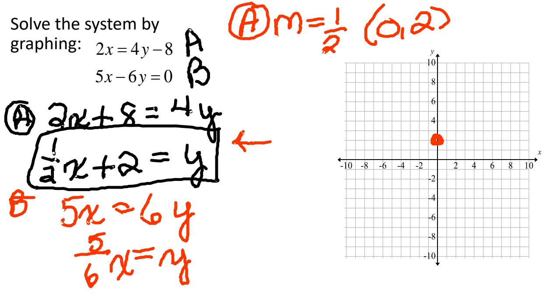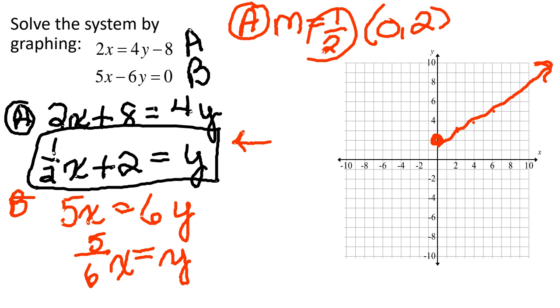That's my y-intercept, and I am going up 1 over 2, which is right there. That's my point. Up 1 over 2, up 1 over 2. Now notice, I'm using this slope to take me in this direction.